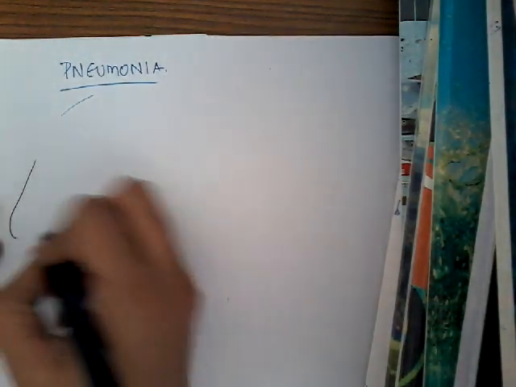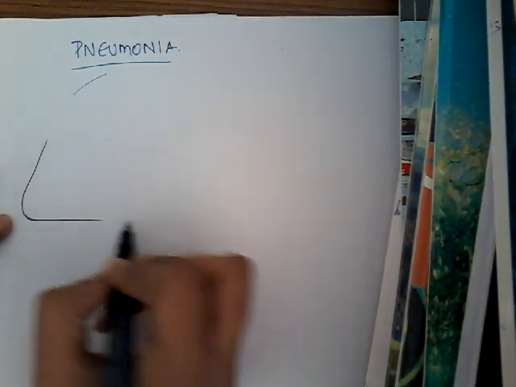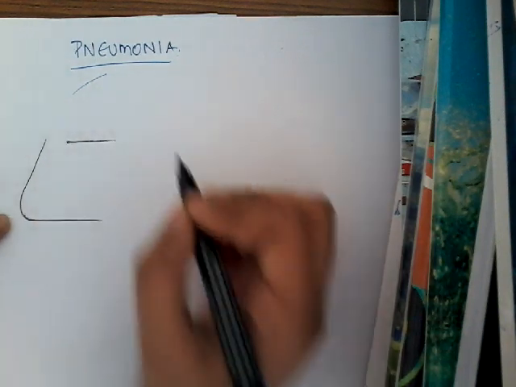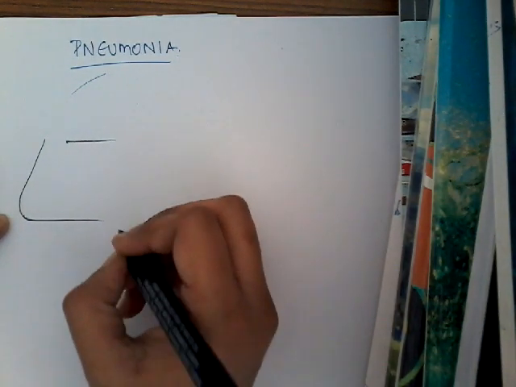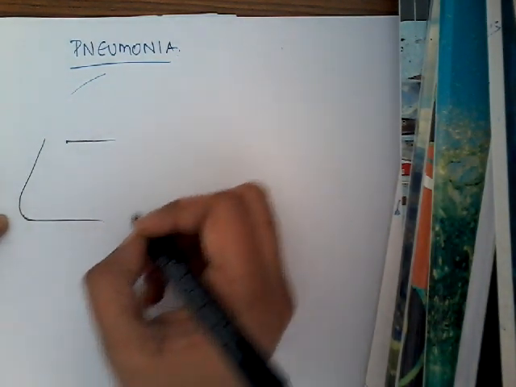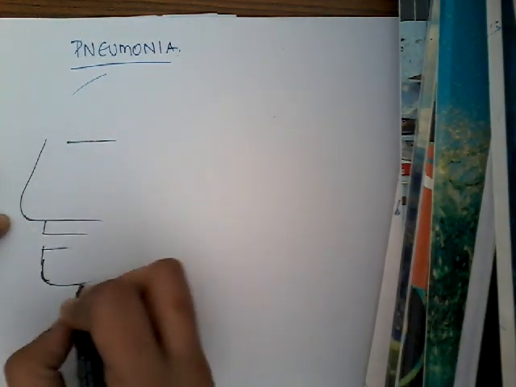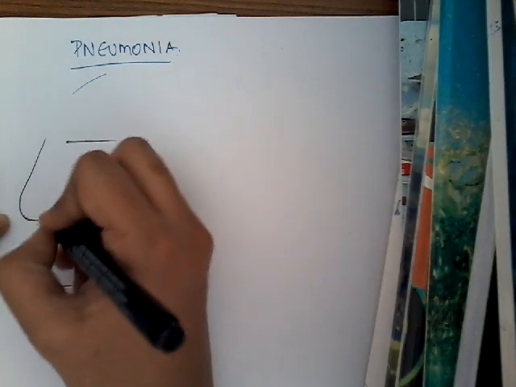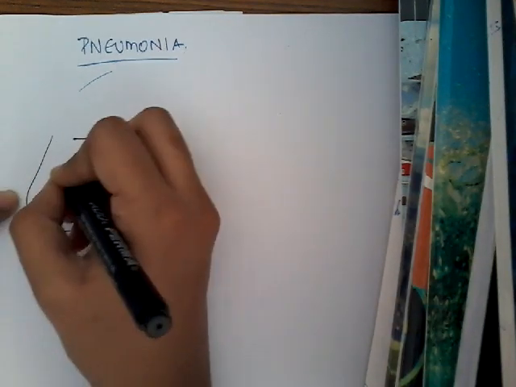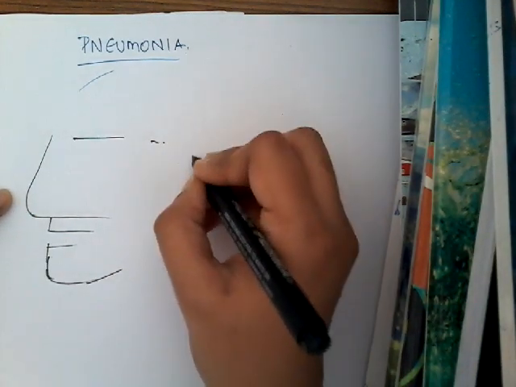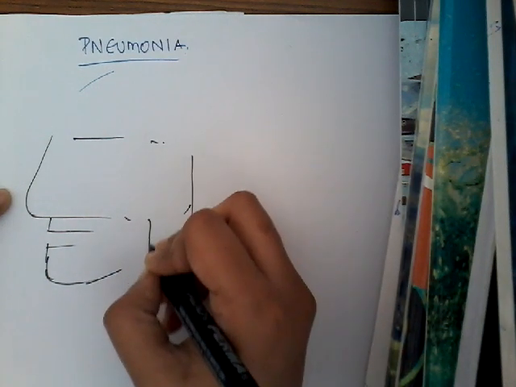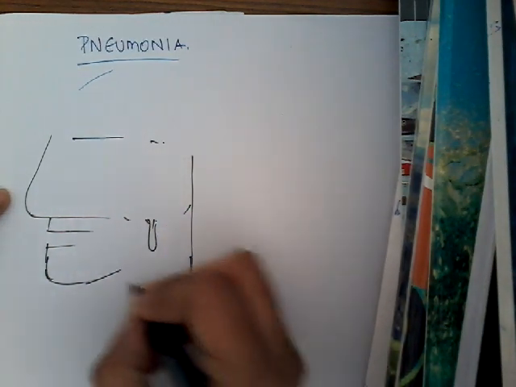Okay, this is the nose, and here this is the mouth, and here you'll have the nostril, and then you'll have the nasopharynx. Okay, this is the uvula.